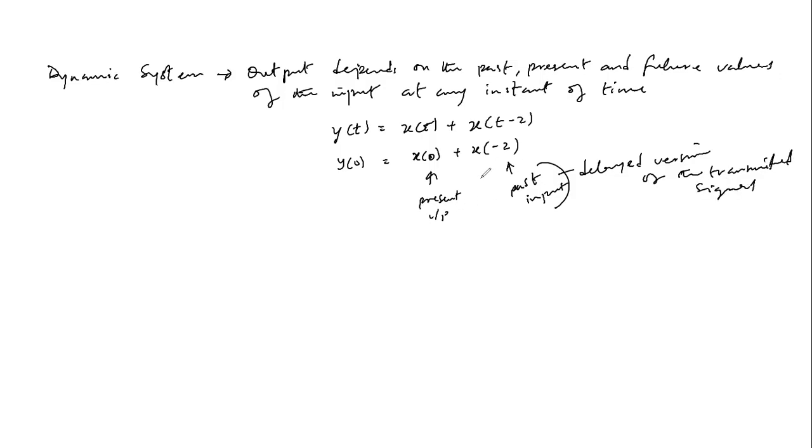Cases like this are experienced in a wireless communication environment where, due to multipath activities, some components of the signal arrive at a later time, should there be a direct component. So the other copies that arise at a later time are delayed copies of the signal. Then we have causal systems.